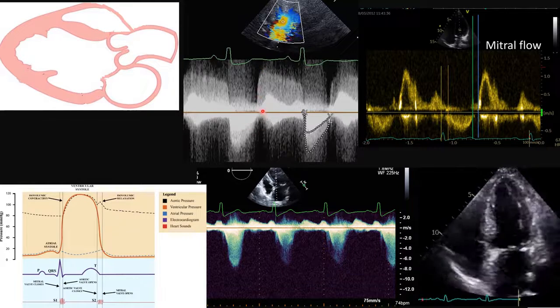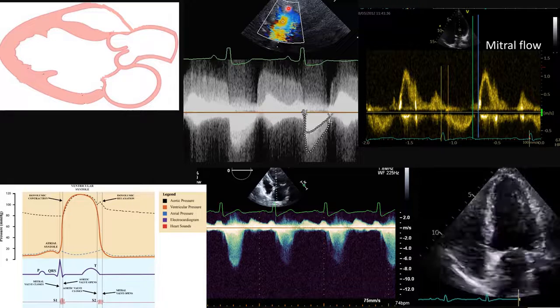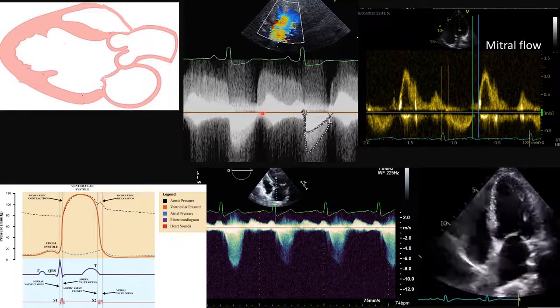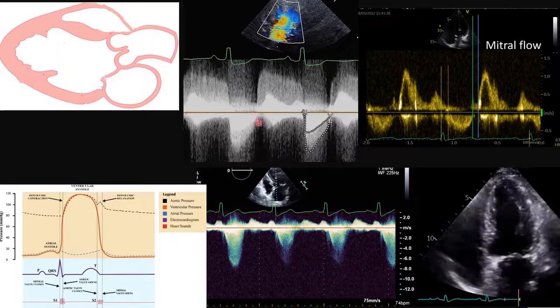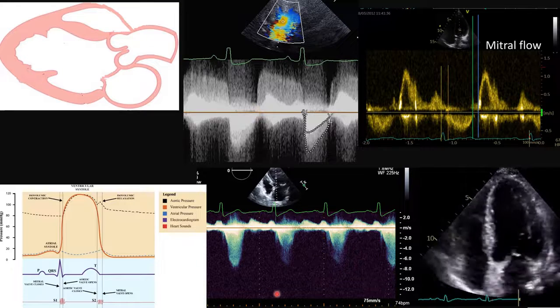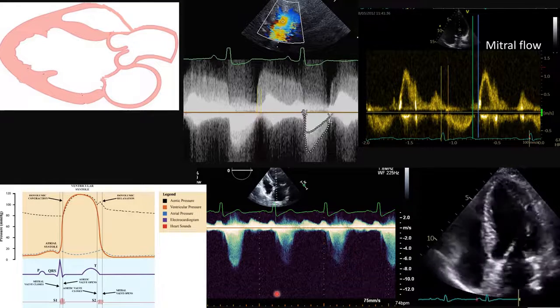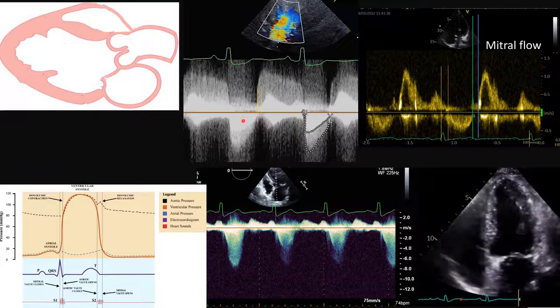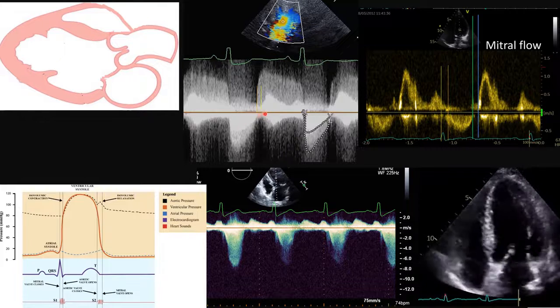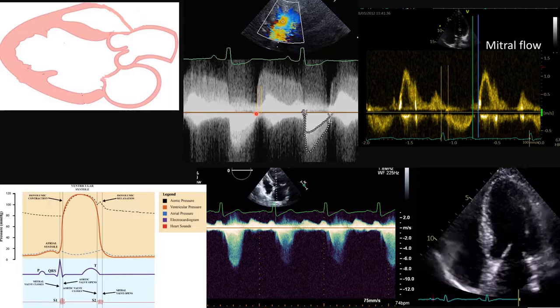And you can see mitral valve blood flow goes toward the left ventricle. Here is the gap between them. The gap between them represents isovolumetric contraction time, or IVCT, exactly between these two.